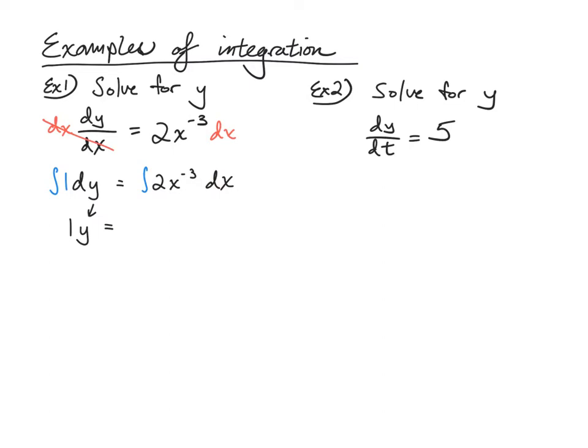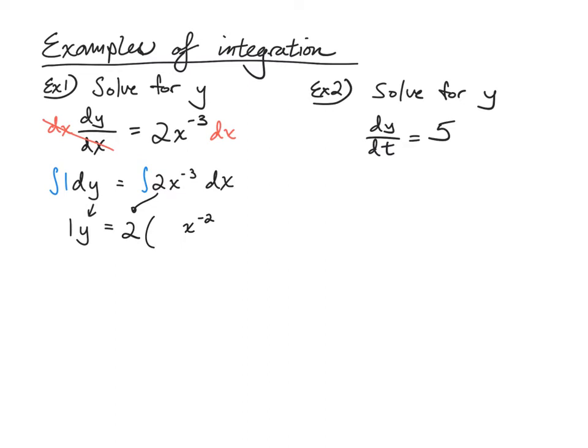So when we find the antiderivative here, we will use the power rule, and we're also going to use the constant multiple rule. So this 2 will still be here. And we will multiply this by, what do we get? We add 1 to the exponent. So this will become x to the negative 2 power.